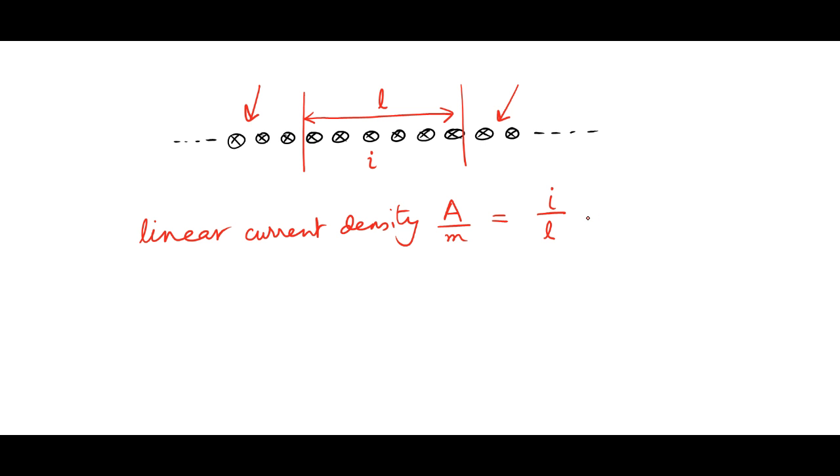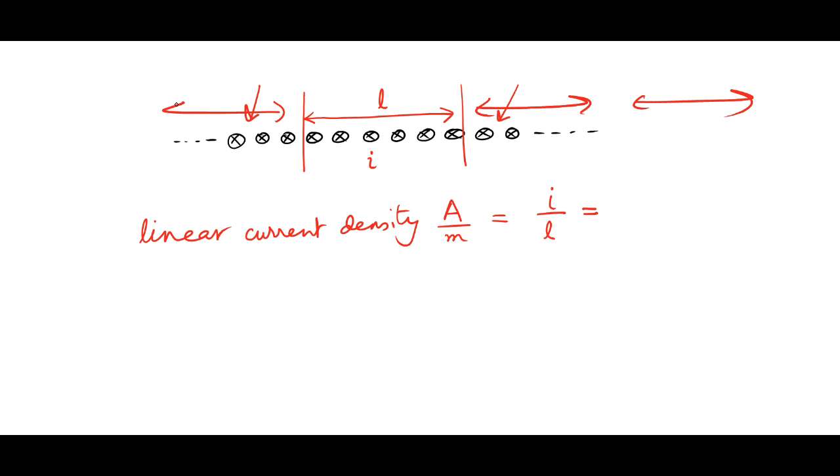So he does that, and that is how he will actually describe to us the value of the current. He won't say what is the current, he will say the current density. The current density is I by L, and that current density is the same irrespective of where you take this L. You could take the L here or here.